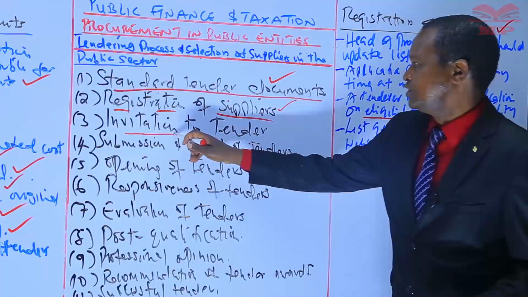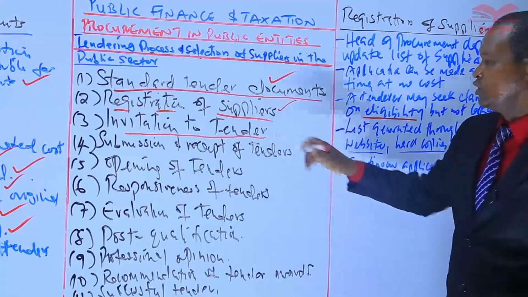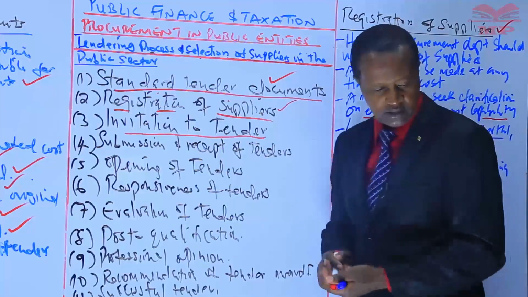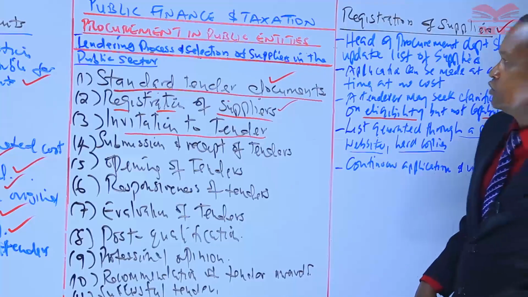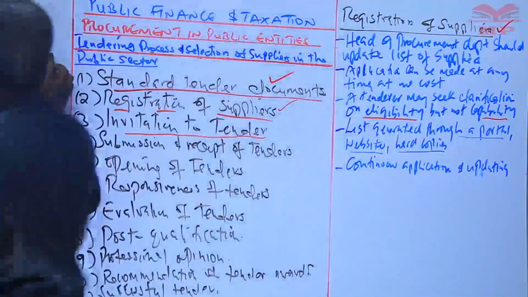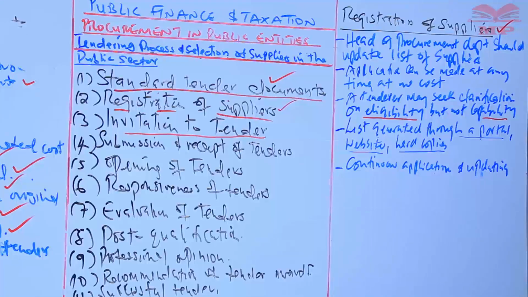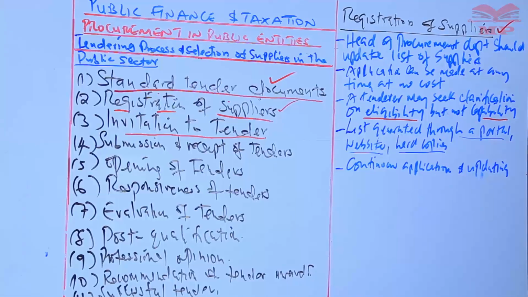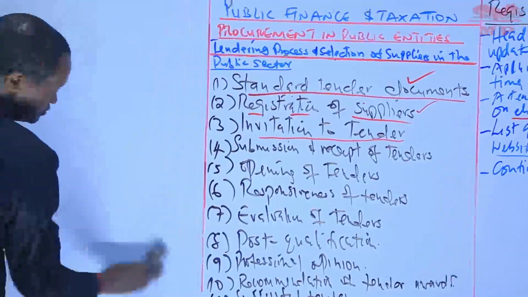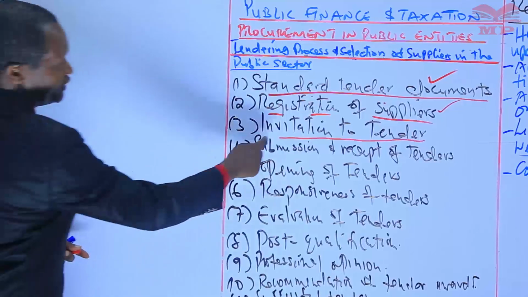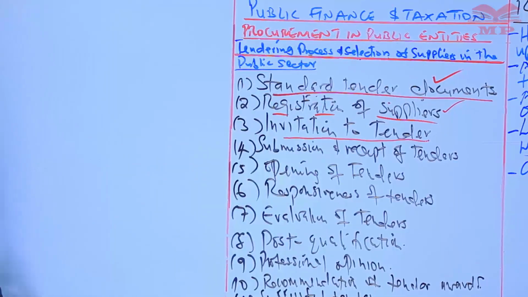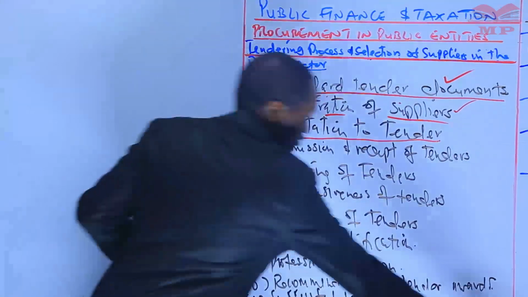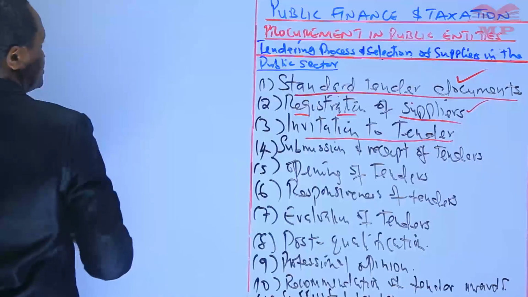The next stage is invitation to tender. Number 3, invitation to tender.